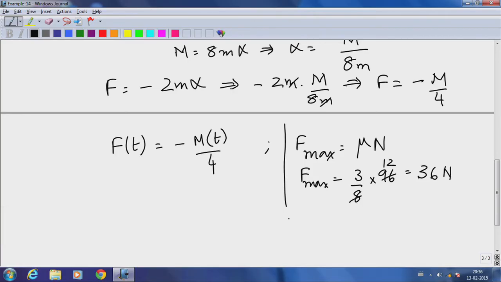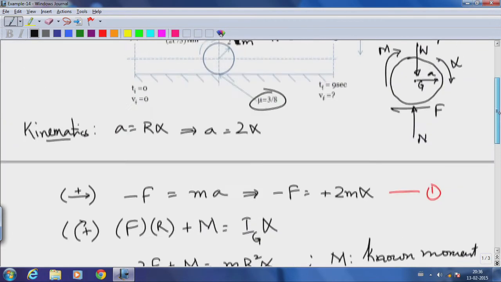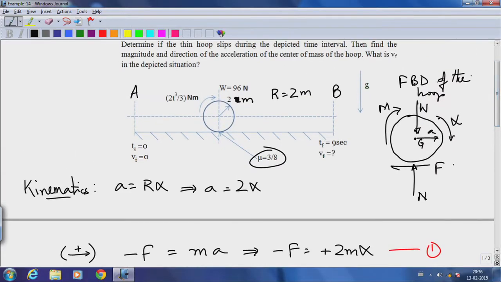So, let us see what the implications of this are. So, the first thing we see is that if M is clockwise, F acts from left to right, not right to left as we had assumed. Go back to our free body diagram. I assumed F is acting to my left, right? But in reality we found that if M is clockwise, F is actually negative, which means it is acting from left to right, which means that this is similar to your front wheel in the car.